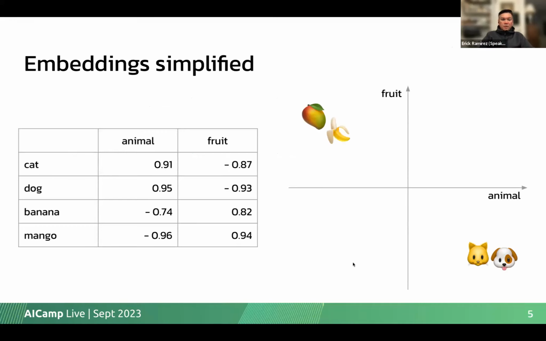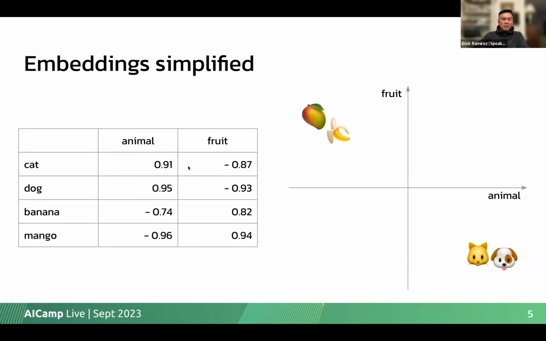Just to give a bit of an idea, I'm going to simplify embeddings a little bit. I'm going to talk about 4 things here: a cat, a dog, and a couple of fruits, which are bananas and mangoes. I'm breaking it down into just 2 dimensions. One of the features is whether it's an animal or not, and then whether it's a fruit or not.